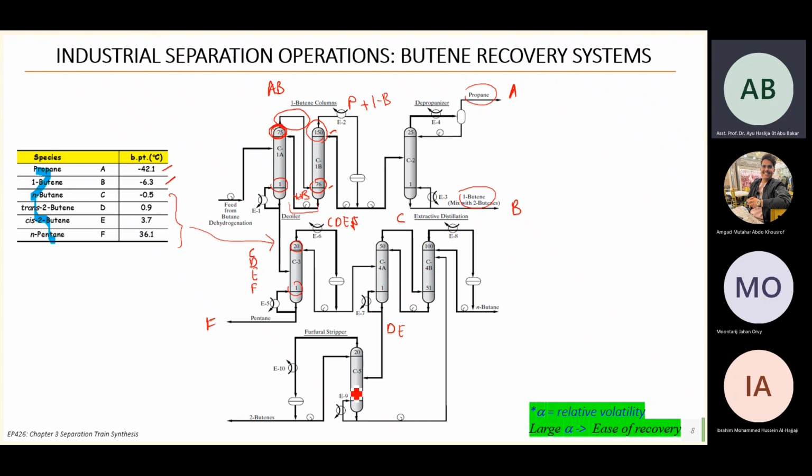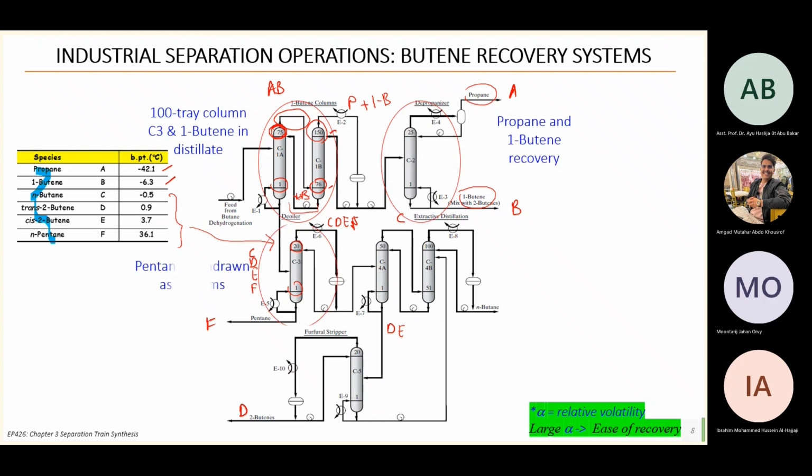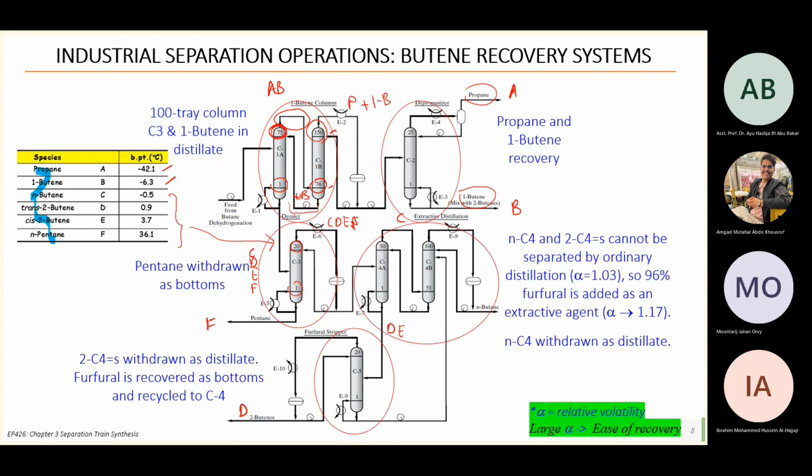So DE will go to the final distillation column, where it separates 2-butene, which is D, and E. You see the arrows, only this one.